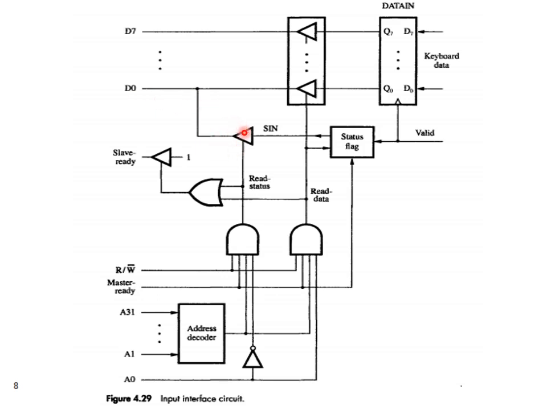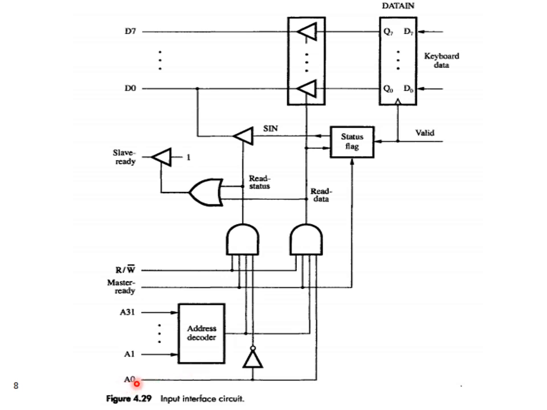Here also we have a 3-state driver which is initiated by again using an AND gate, which should satisfy 4 conditions. That is, again the read signal should be 1, the master ready signal should be 1, it should be the address of the keyboard right now which is being decoded by the address decoding circuit, and the only difference is the A0 bit should be 0.